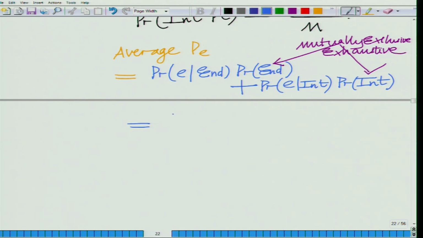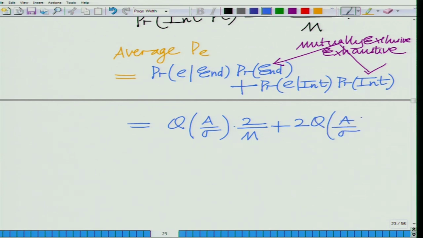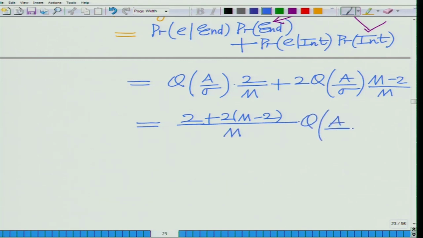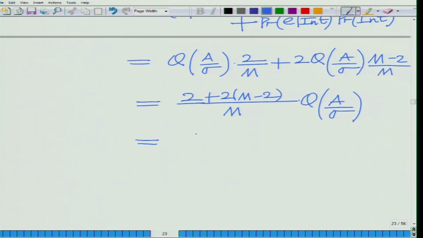Anyway, this is equal to probability of error given end point, which we have already calculated as Q of A divided by sigma, times probability of end point, that is 2 divided by M, plus probability of error given interior point, twice Q of A divided by sigma, into probability of interior point, that is M minus 2 divided by M. Now, this is equal to twice Q of A over sigma times (1 plus M minus 2) over M, that is twice (M minus 1) over M, that is 2 times (1 minus 1 over M) Q of A over sigma.